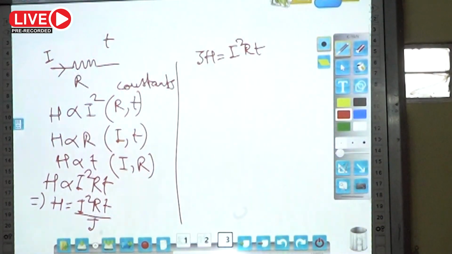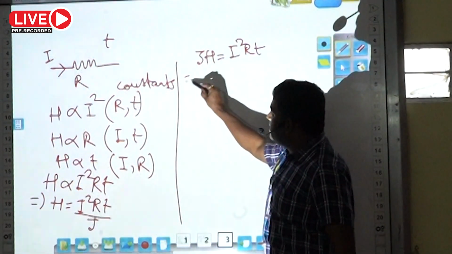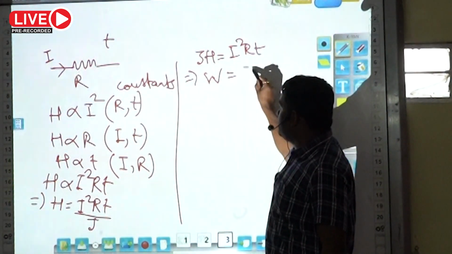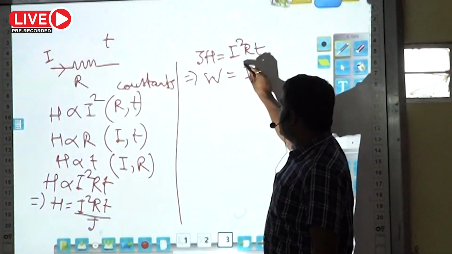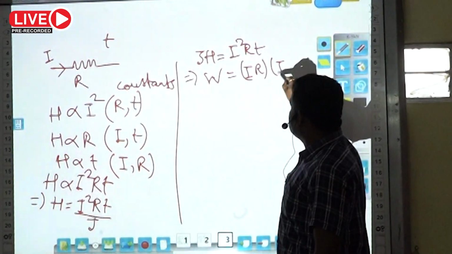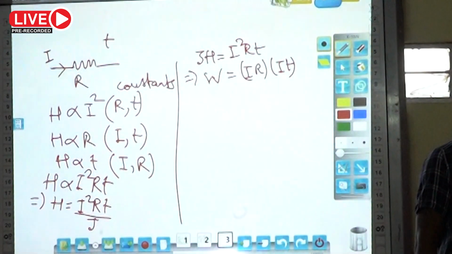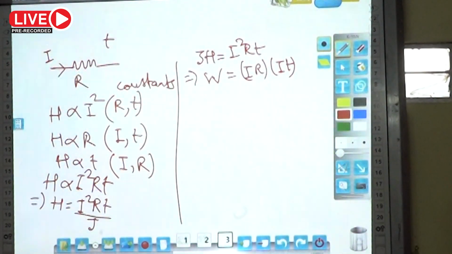So in that case, this JH I can put W, and you can verify many of the formulas previously you have derived. I can write this one in this manner. I square RT can be written as IR into IT. Now what is IR? Potential difference across this resistance.